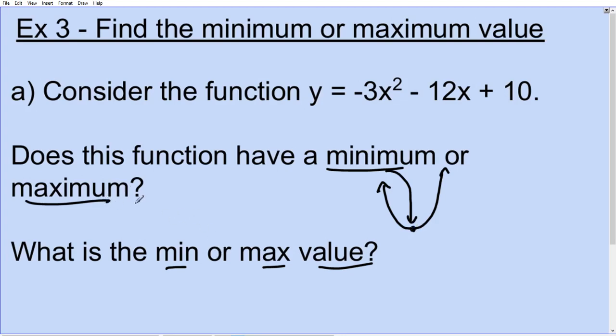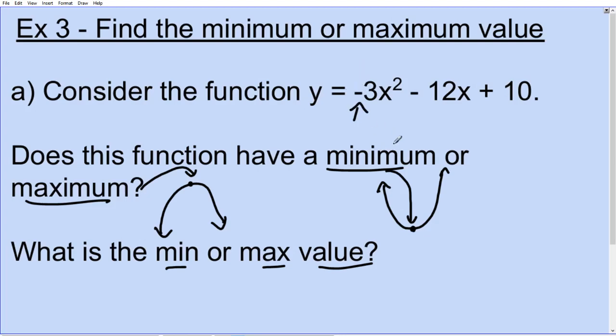The same thing is true for the N-shaped parabolas and a maximum. The maximum is right where the vertex is. That is the highest point of that function. So when I'm looking at this formula here, that parabola, I'm trying to decide, does it have a minimum or a maximum? All I really have to look at is the sign of my a.